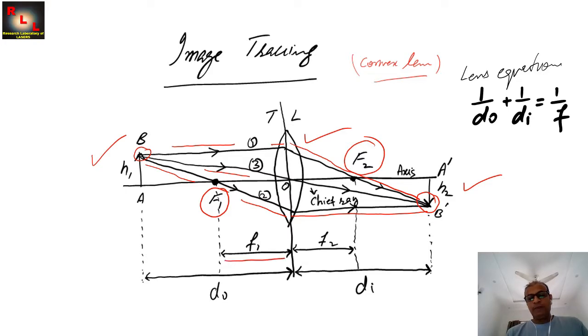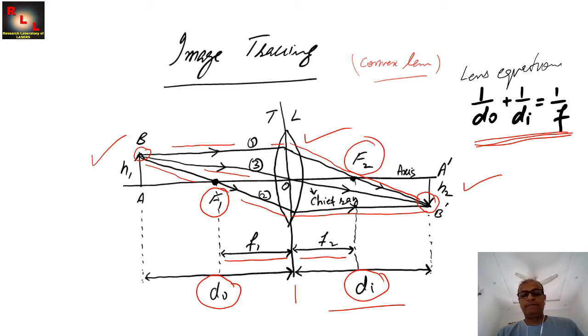This F1 is the focal point on the object side. This F2 is the focal point on the image side. The equation, which we call the lens equation, is similar to the mirror equation. D naught here is the distance of the object from the lens, and DI is the distance of the image from the lens.